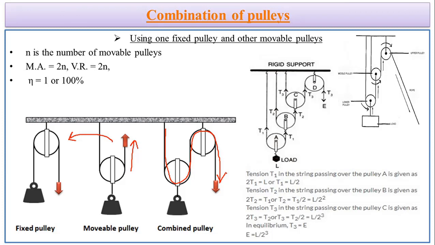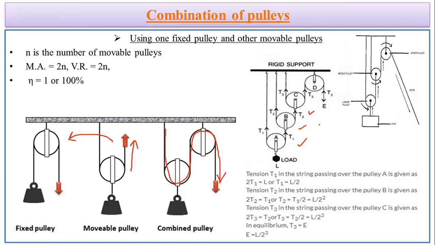You can increase the number of single movable pulleys with one single fixed pulley to get more efficiency, or you can say the amount of force can be enhanced by increasing the number of movable pulleys along with a single fixed pulley.